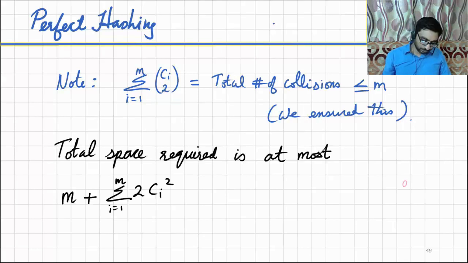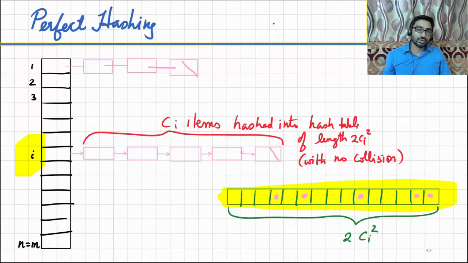We ensured this. Now, notice first of all that the search time is O of 1. Let's say we have an item we want to search. We hash the item and look at its location within the hash table, and if it hashes into a location with just one item in it or no items in it, then we are done. We know that either the item is present or not present.